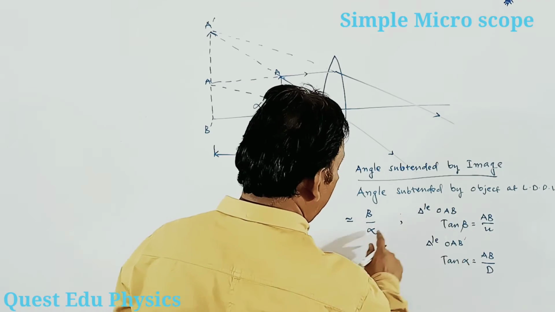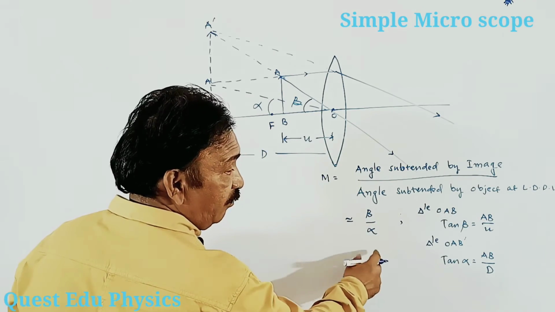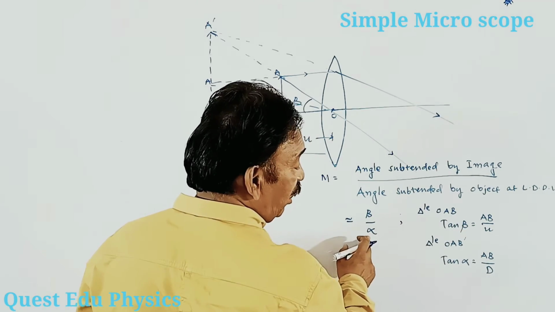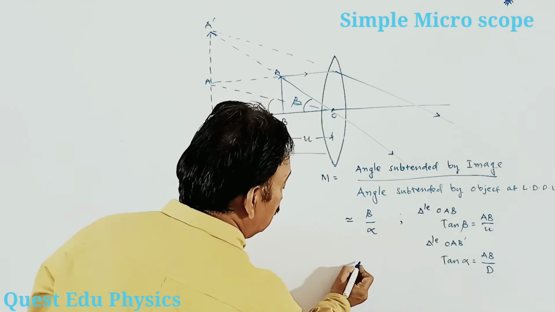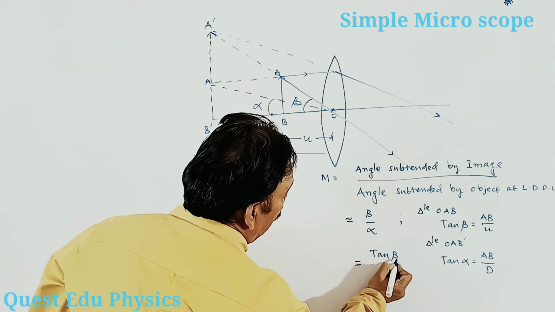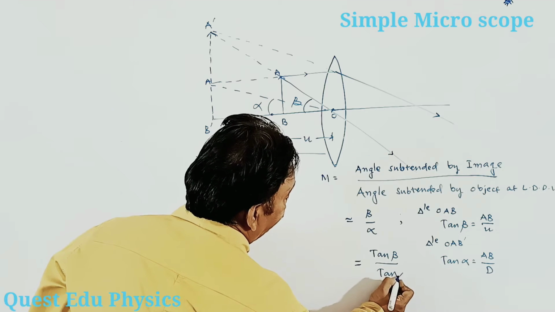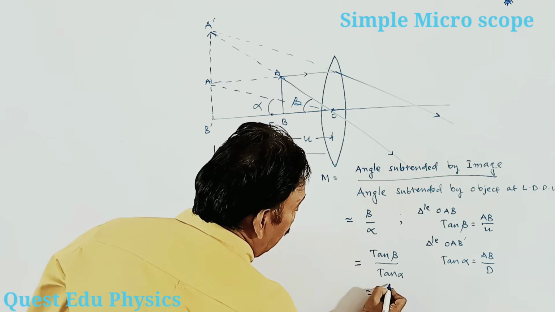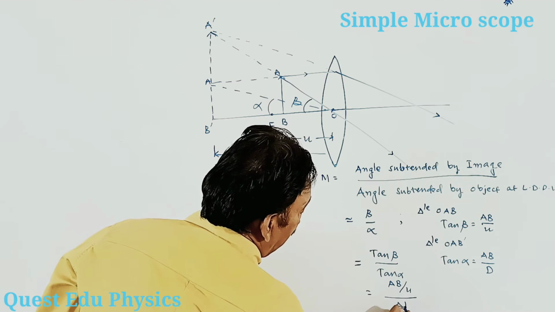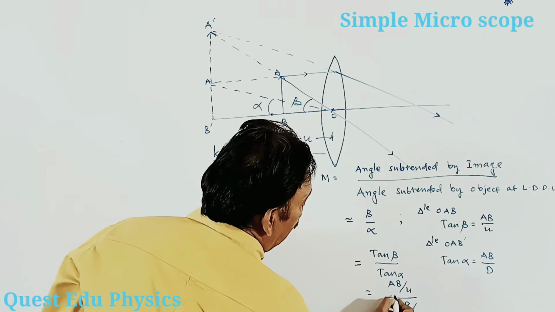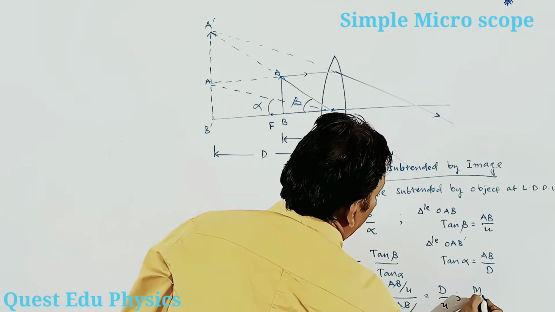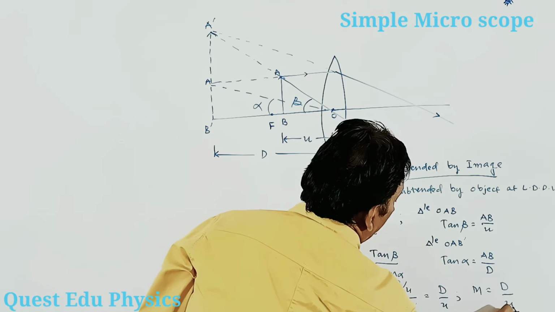We had the alpha and beta and putting here, since they are very small, beta can be replaced with tan beta and alpha can be replaced with the tan alpha, students. Then it can be written as tan beta upon tan alpha, and finally we got AB by U divided by AB by D. AB get cancelled and we will get D by U. It is the formula for the magnification, students.